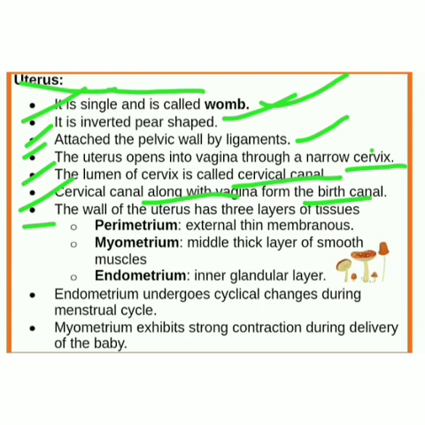The wall of the uterus has three layers of tissues. The first one is perimetrium, the external thin membrane. Second one is myometrium, the middle thick layer of smooth muscles. And the last one, endometrium, that is the inner glandular layer.